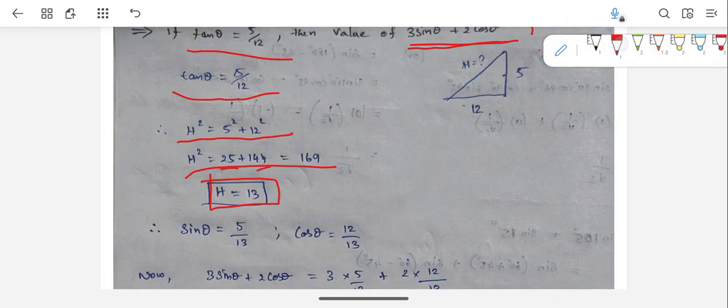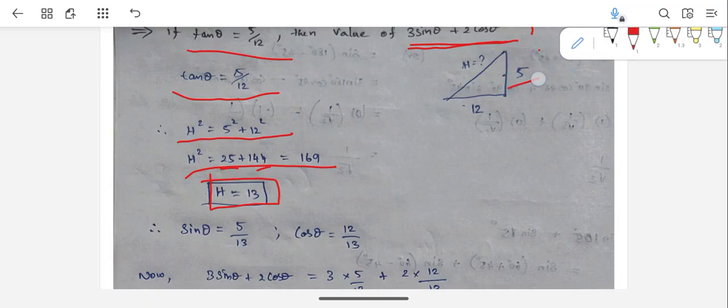First, sine theta is opposite by hypotenuse. Opposite is 5 and the hypotenuse we just found is 13, so sine theta is 5 by 13. Cos theta is adjacent by hypotenuse, that is 12 by 13. So you got the sine and cos values.